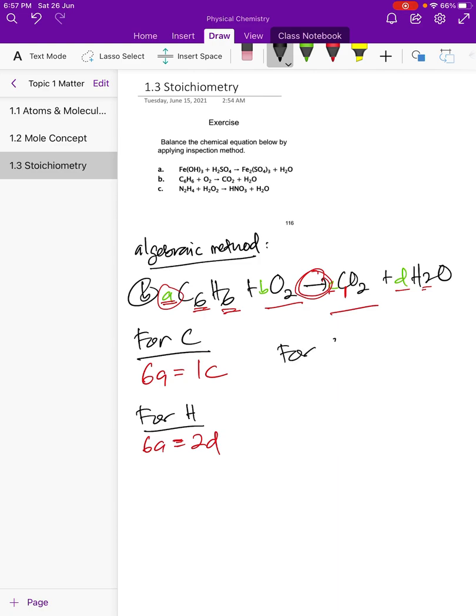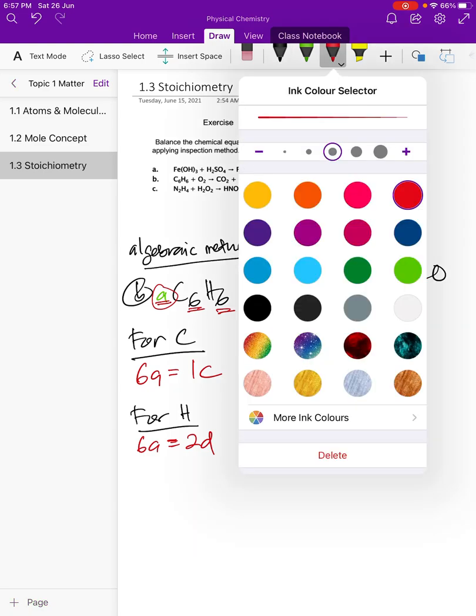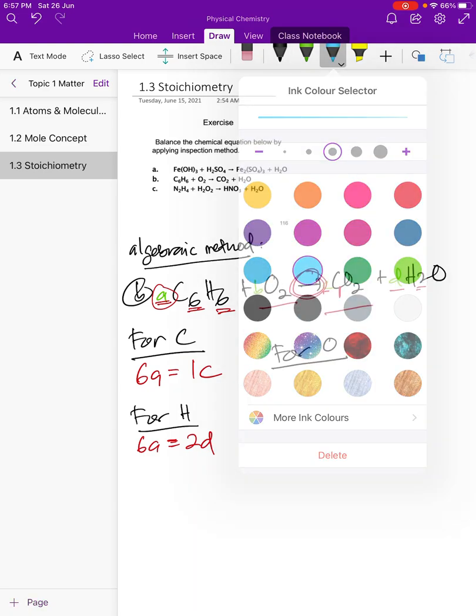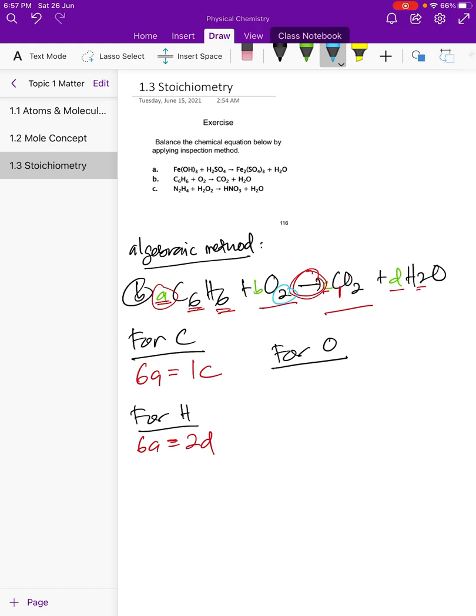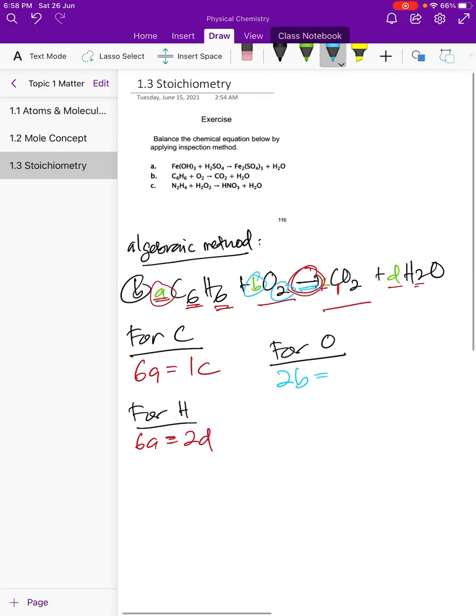Now for oxygen. There is no A for oxygen. B, yes, we have 2 oxygen. Then we say 2B. And the arrow sign becomes equal to.